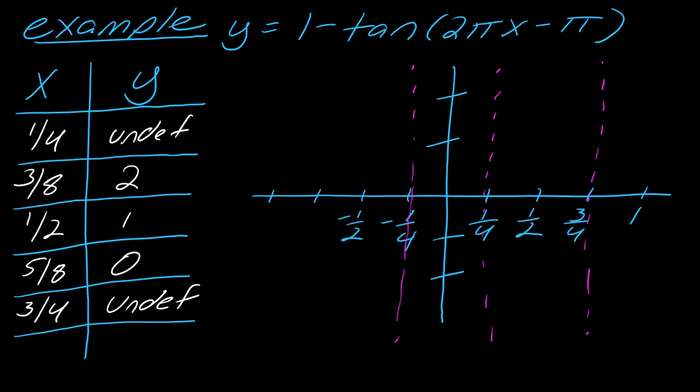And now I'll graph my points. So I've got 3/8, which is going to be here. I've got 1/2, 1. And then I've got 5/8, 0. And I can connect those like so, and then I can continue the pattern. So here, here, and here.